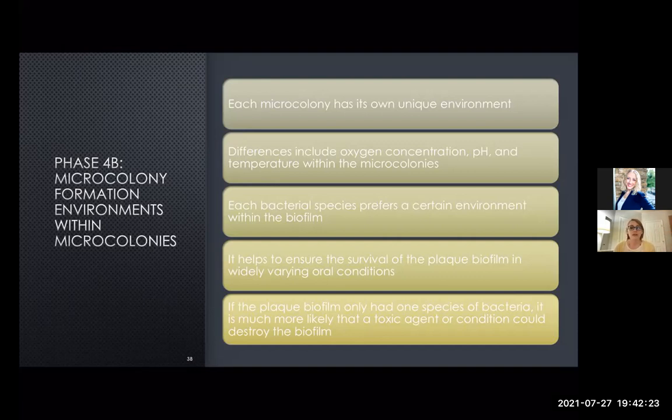And the plaque biofilm is multifactorial, there's lots of different species. If it was just one species, we could destroy it easily and it wouldn't live. And that's not the point of bacteria. Bacteria want to proliferate.